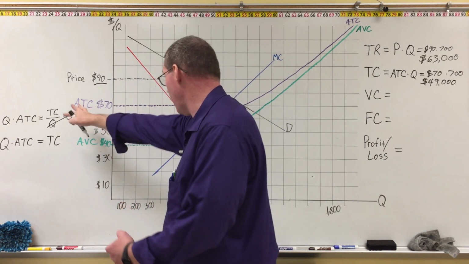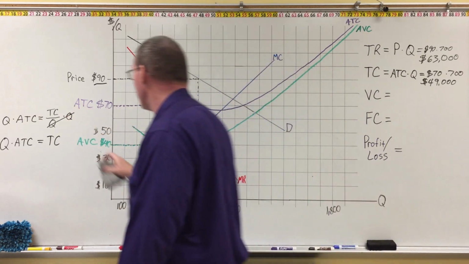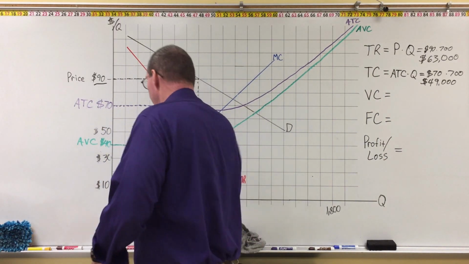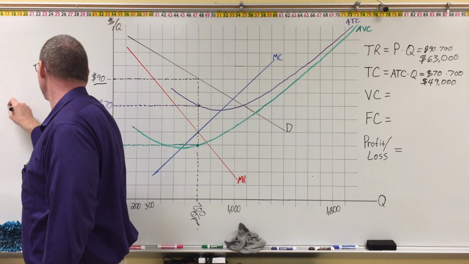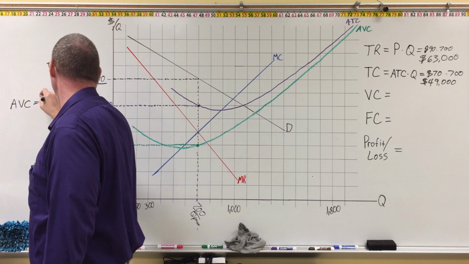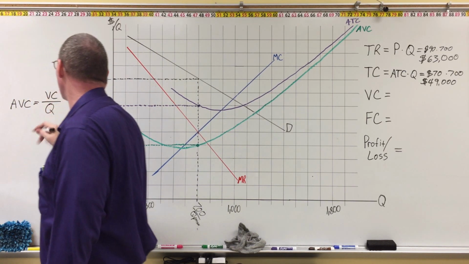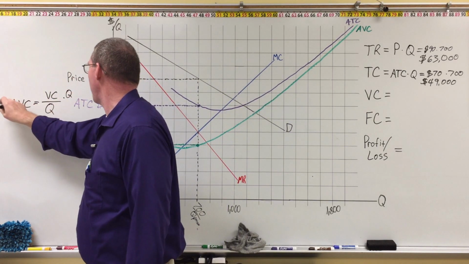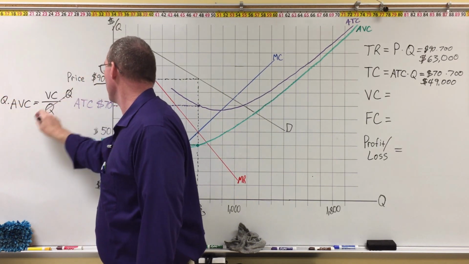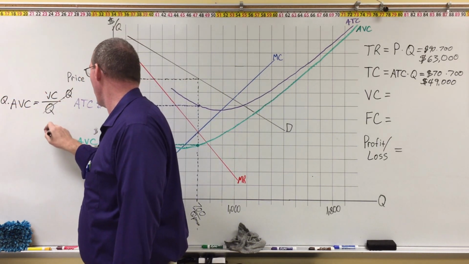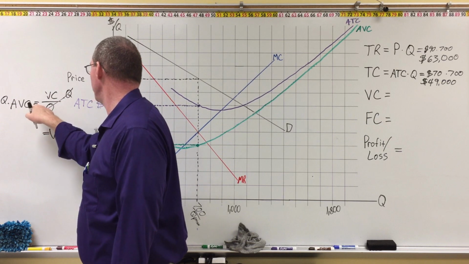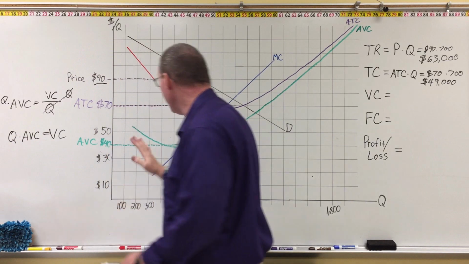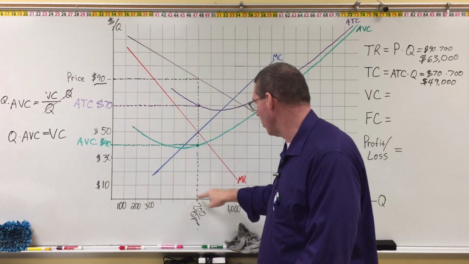Okay? Now let's do variable cost. Well, we can go through the exact same process that we went through here for total cost. Remember that average variable cost is equal to variable cost divided by quantity, right? So algebraically, if we multiply both sides by quantity, that'll cancel quantity over here, and variable cost will be equal to quantity times average variable cost, which is this rectangle right here.